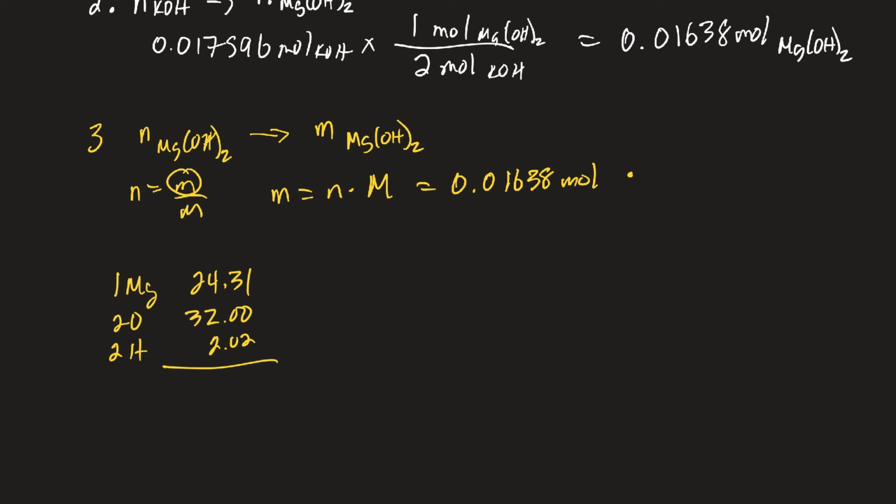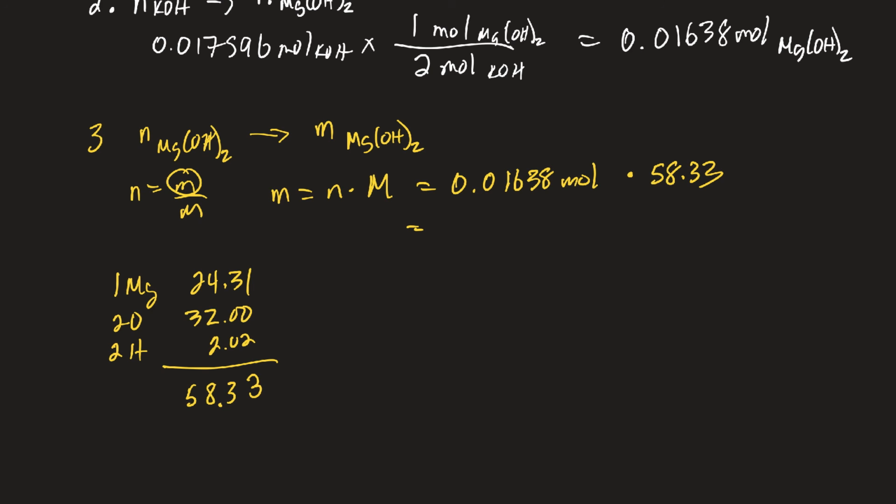Okay, so sorry, I had a little break there. That adds up to 58.33. Okay, so the mass of the precipitate is 0.01638 times 58.33.